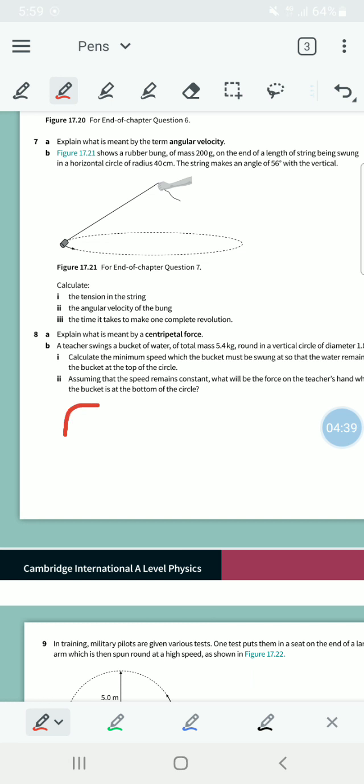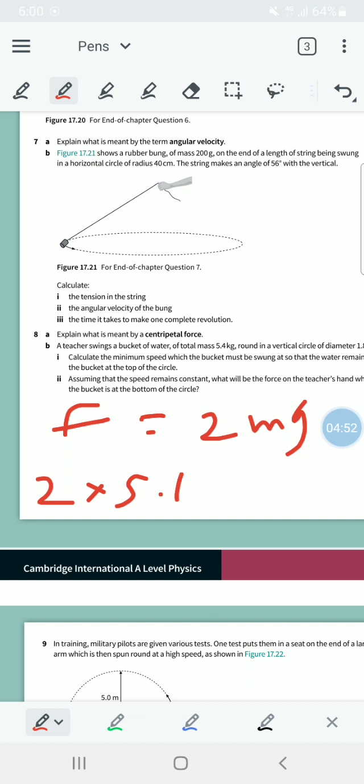Let's do it here itself. F equals 2mg. So then twice m, what is m here? 5.4. g is 9.81.